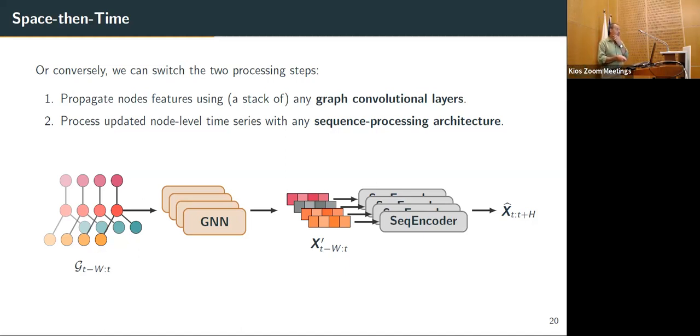Right. So space, then time. And within these architectures, not rarely what you do is convolution over space, convolution over time, convolution over space, convolution over time, or convolution over space and then convolution over time. You decouple that.